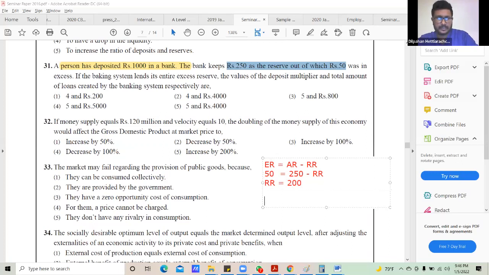Then deposits into SRR equals required reserves. Deposits are 1,000, and required reserves 200. So when you divide both sides by 1,000, SRR will be equal to 0.2. That means 20%.